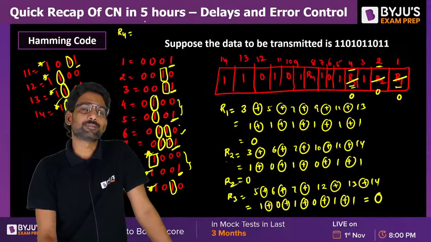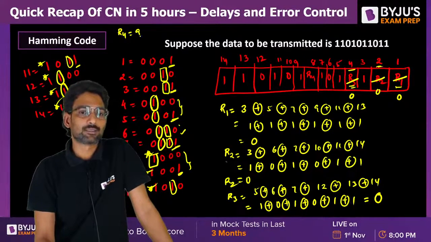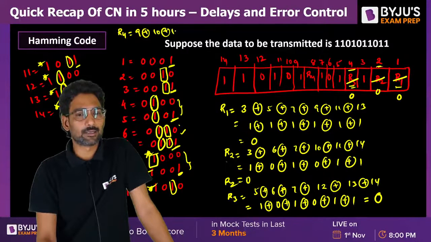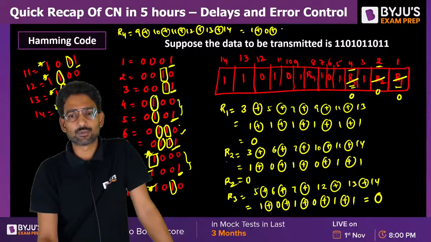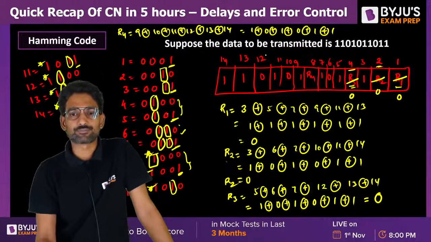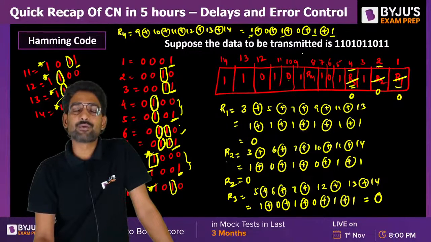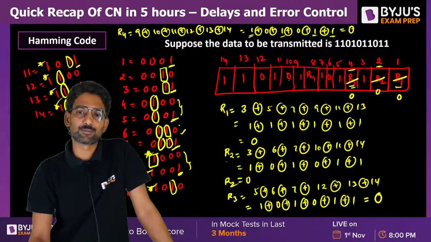So exclude 8 and include all the others. So 9, 10, 11, 12, 13, 14. So 9, 1, 10, 0, 11, 1, 12, 0, 13, 1, 14, 1. So I got an even number of ones. So again 0.